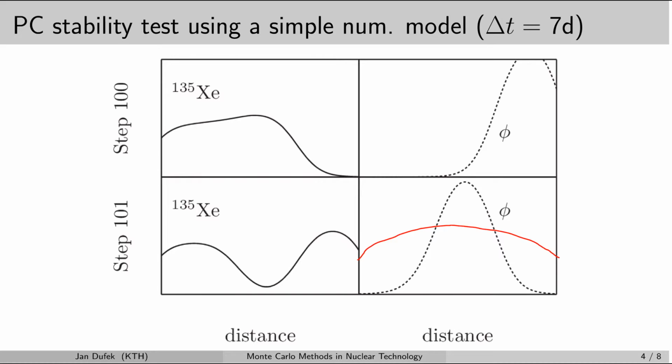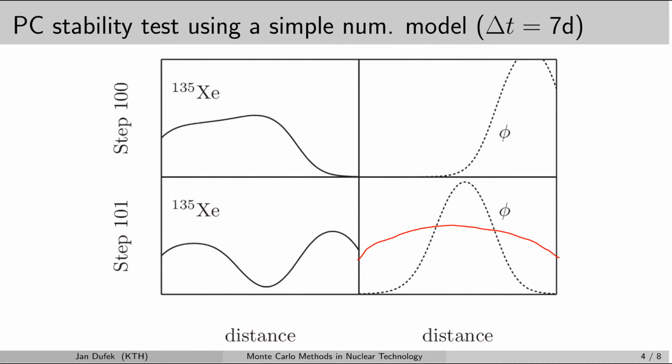Interestingly, when you compare the step 100 and 101, you can see that the neutron flux did move, but not considerably. If you remember the simulation I showed in the case of the explicit Euler coupling scheme, the oscillation of the neutron flux was very severe.